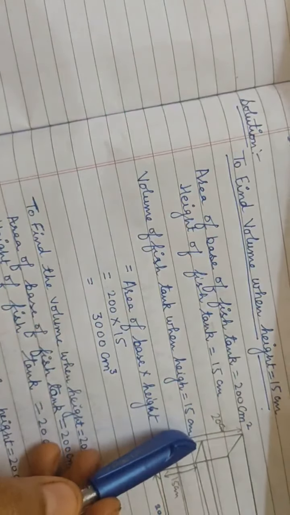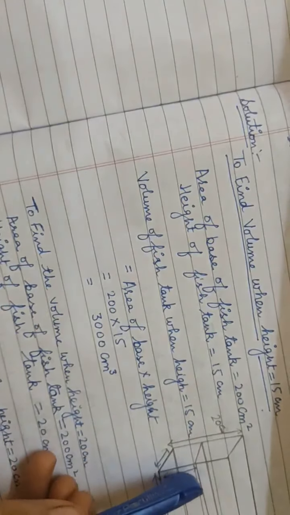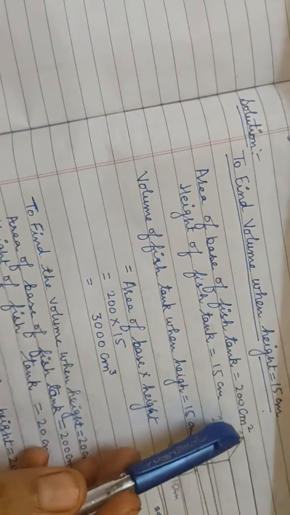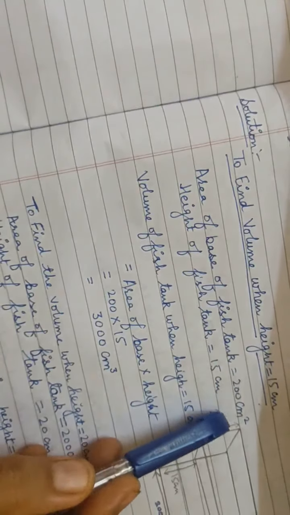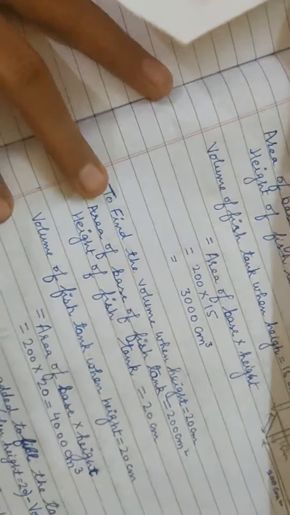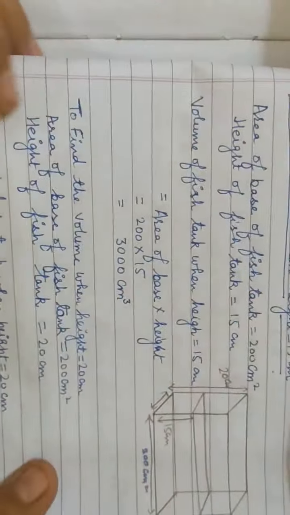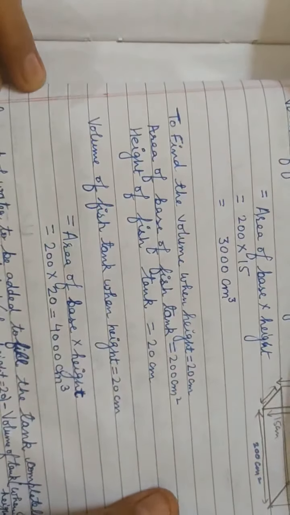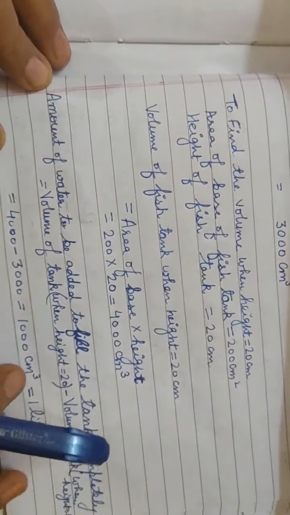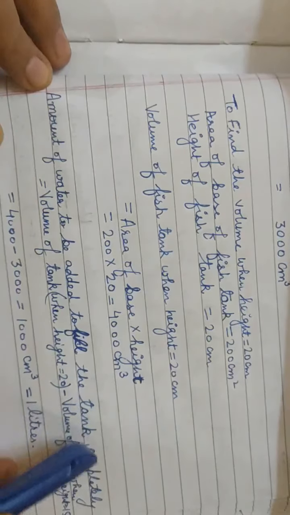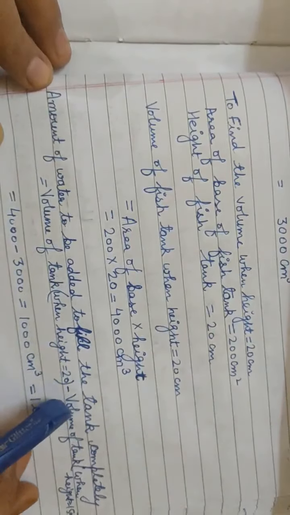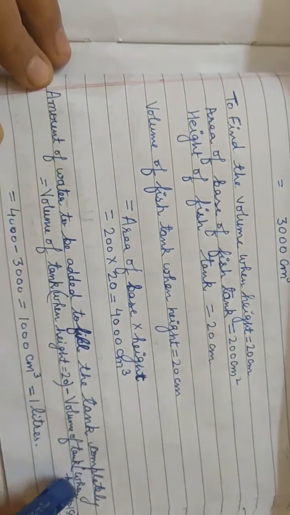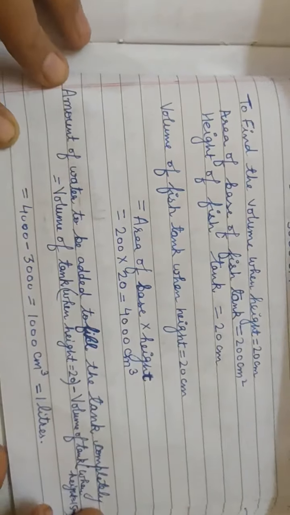Now we have to find how much more water can be filled in the tank. So how we will do? We will subtract the volume when height is 15 from the volume of tank when the height is 20. So amount of water to be added to fill the tank completely is equal to volume of tank when height is 20 minus volume of tank when height is 15 centimeter.